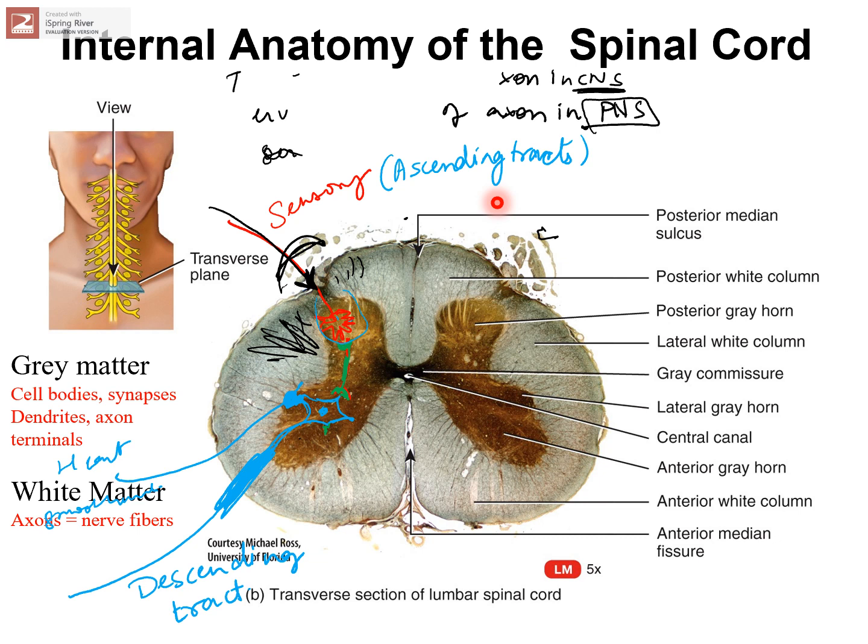So these are just extensions of the sensory nerves from right over here. And the motor neurons receive the command from the brain through descending tracts, and they carry the information from the spinal cord to different parts of the body.